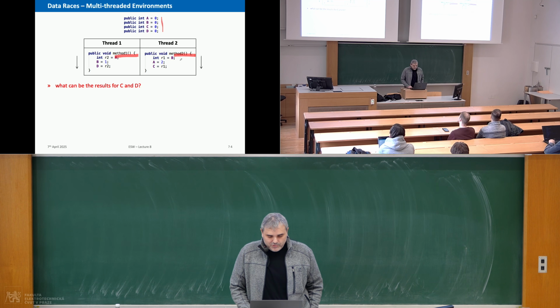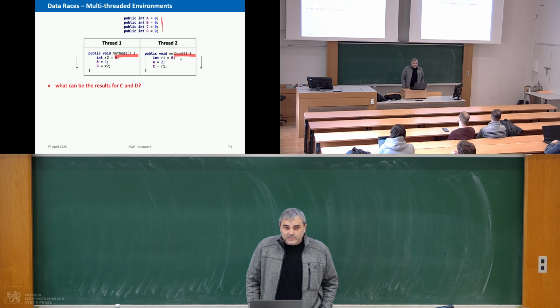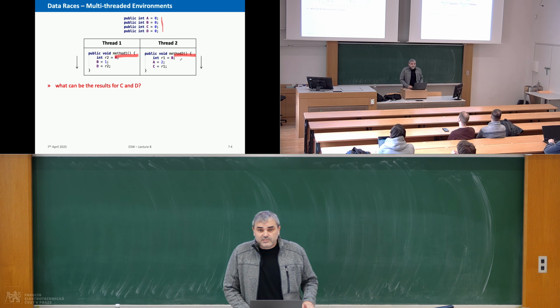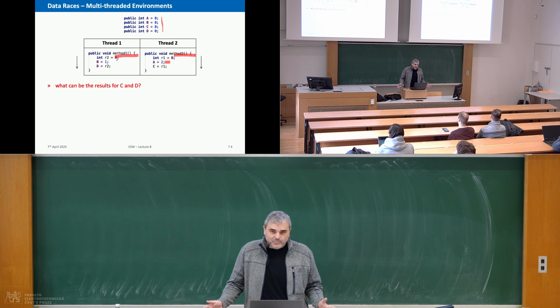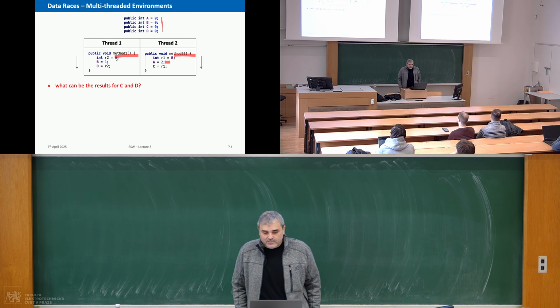And here is my first question today. What can be the results for C and D after these 2 threads are executed via this method? So any guesses? Or how many combinations do you see there? Initially, all shared variables have 0 value. But as you can see, thread 2 assigned number 2 into A, and with that A, thread 1 may or may not work, and vice versa.